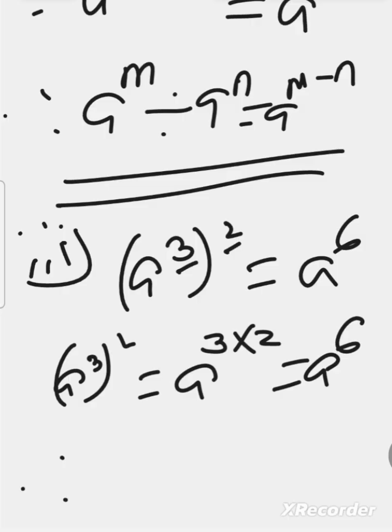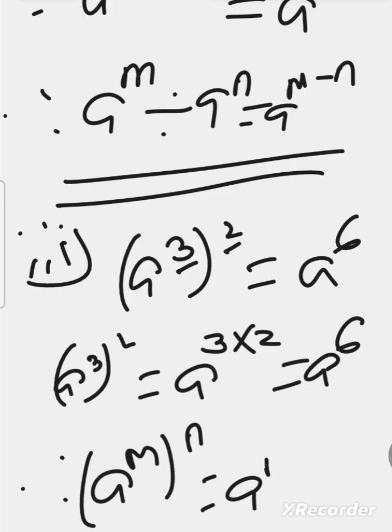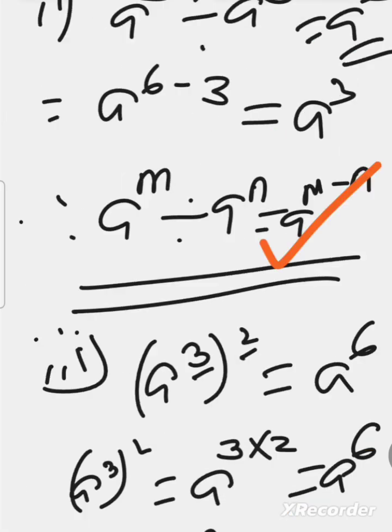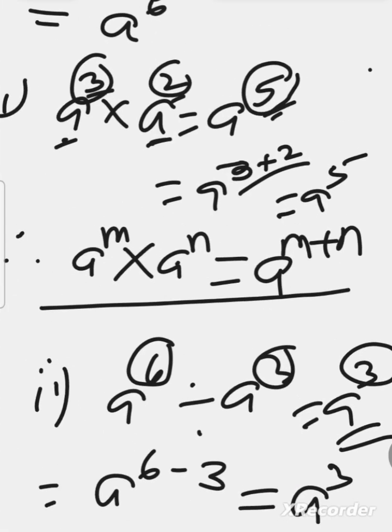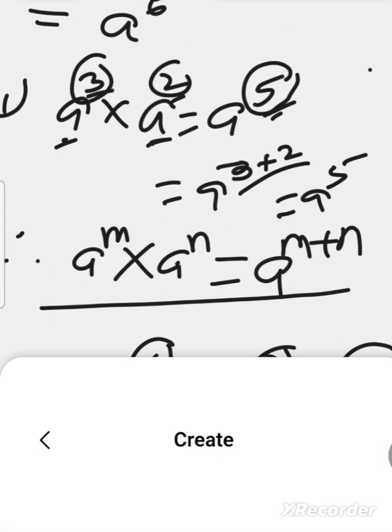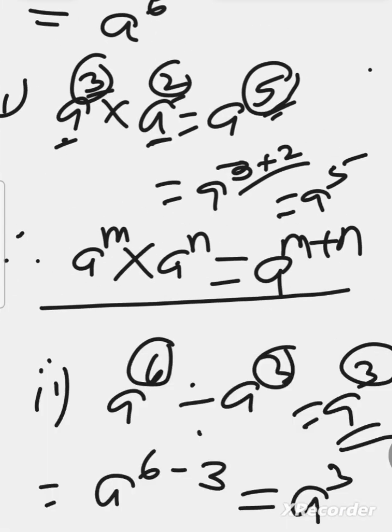Therefore, our law will state that if you are given a power m raised to power n, this will be the same as a power m multiplied by n. So this is the third law of indices, the second law of indices, and the first law of indices.